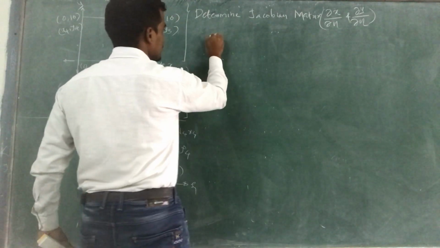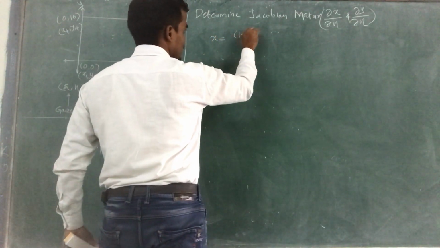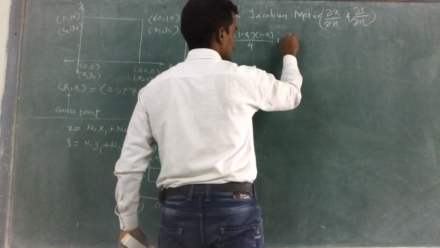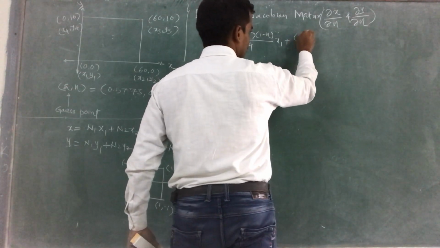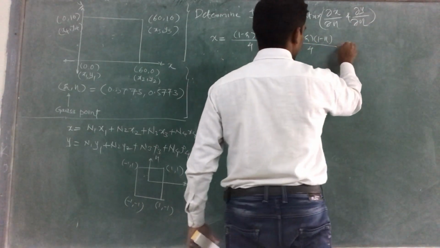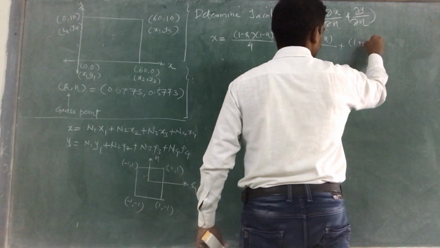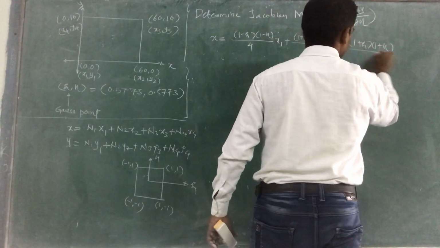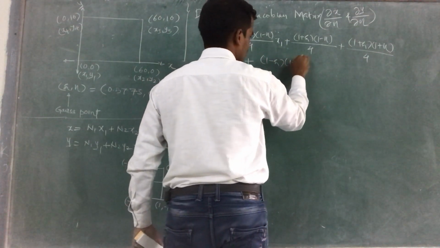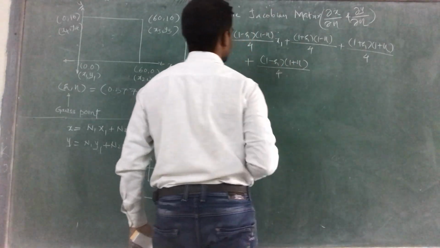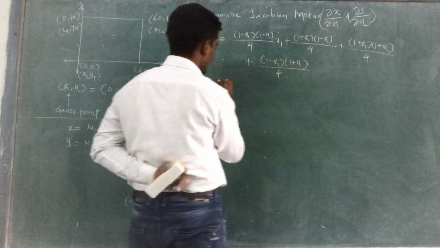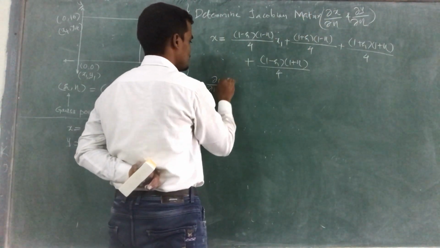So for example, x is equal to (1 minus zeta)(1 minus eta) divided by 4 into x1 plus (1 plus zeta)(1 minus eta) divided by 4 plus (1 plus zeta)(1 plus eta) divided by 4 plus (1 minus zeta)(1 plus eta) divided by 4, is your x. Okay, so here we need to find out dou x by dou eta, so dou by dou eta of this x.